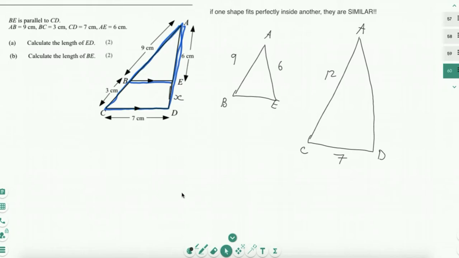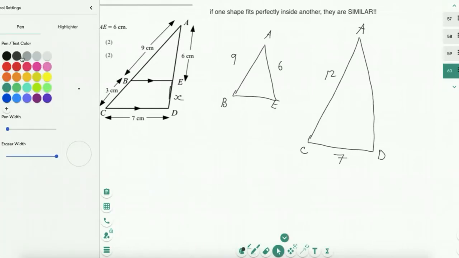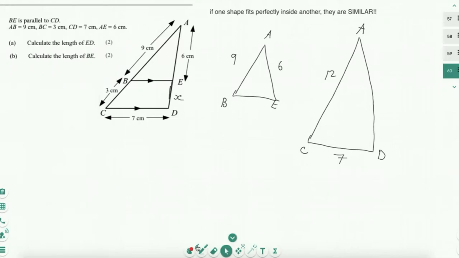Well, how can we find this length E to D? Probably the best course of action is to find the length of A to D, and then subtract the length of A to E, and that will leave us with the remaining section which is X. So we need to find the length of A to D first.